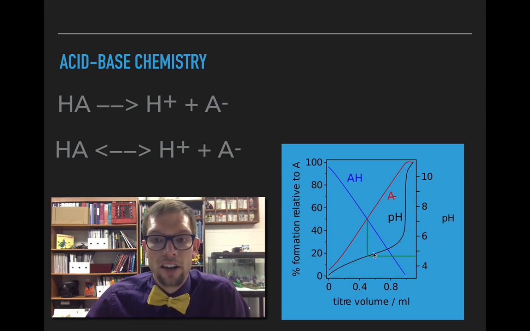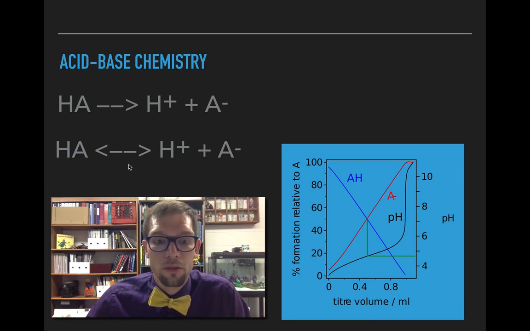So it does this gradually until finally you've essentially used up all of your weak base, and so now it can go back up. So a weak acid is going to have its conjugate base.